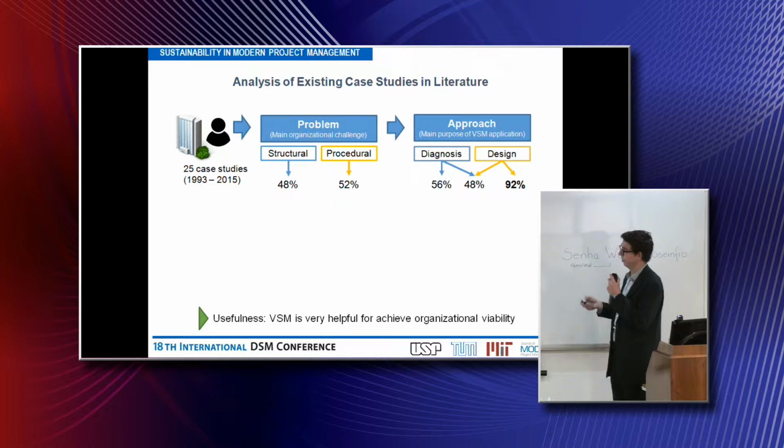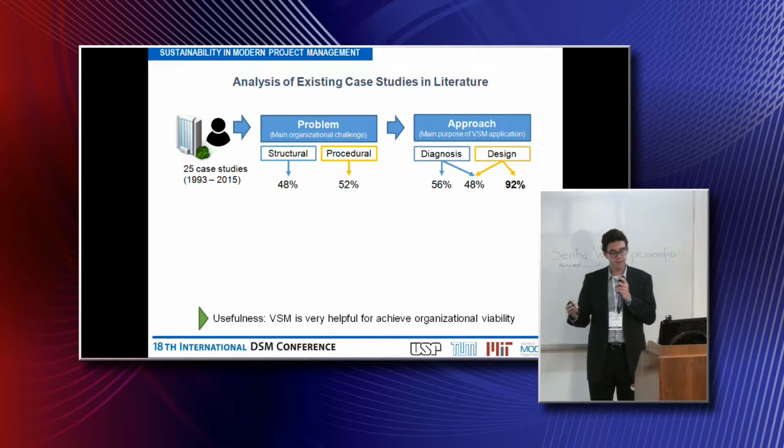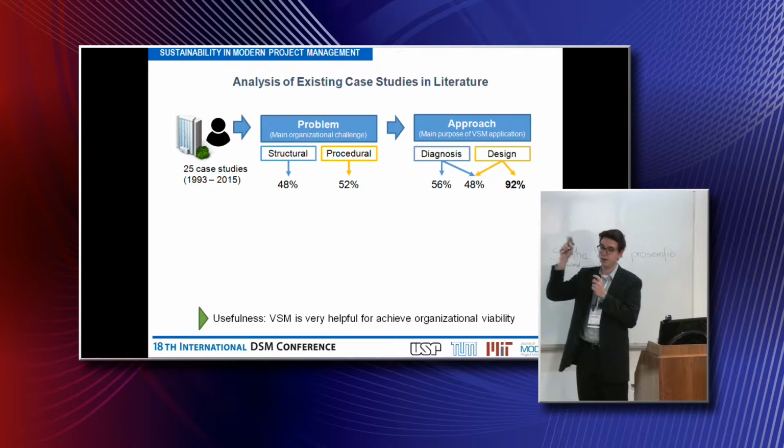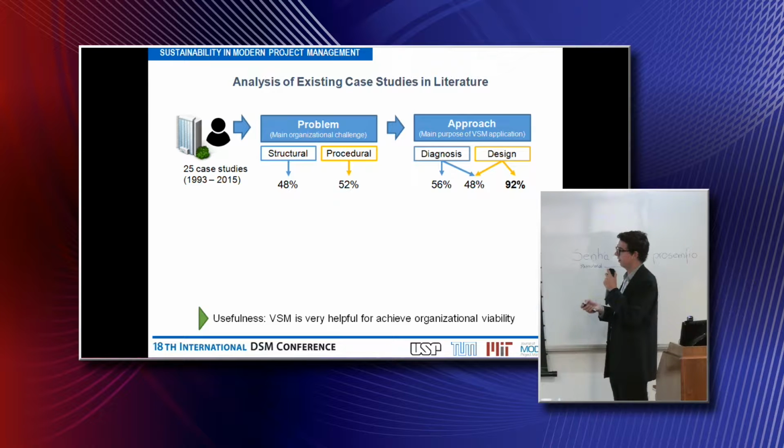And if you look into the different ways how it was organized, how it was applied, you can see you can use it for structural problems, so to see how the different systems are connected, but also procedural problems, so to see how the different systems are interfering and coordinating and communicating, and to derive implications from that.